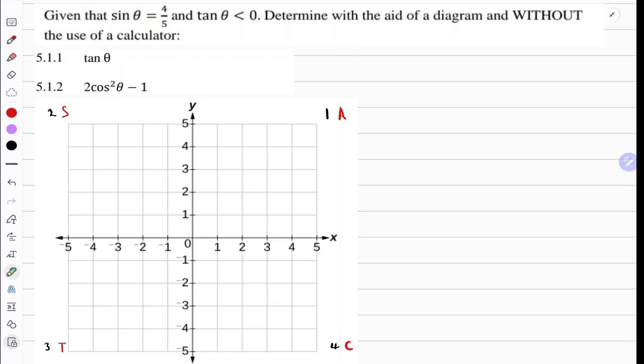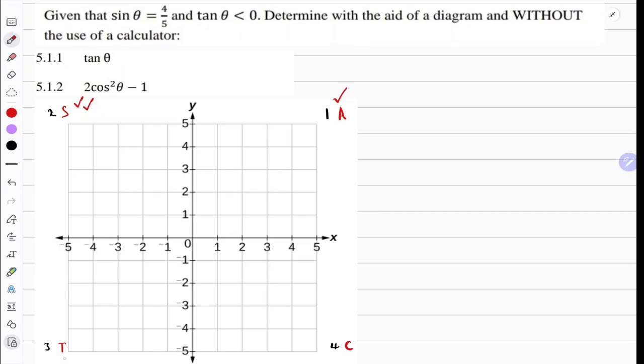So from the information provided, we can see that sine theta is positive, and tan theta is negative. So we start with sine theta. Sine theta is positive. This happens in the first and the second quadrant. And tan theta is negative in the second quadrant.